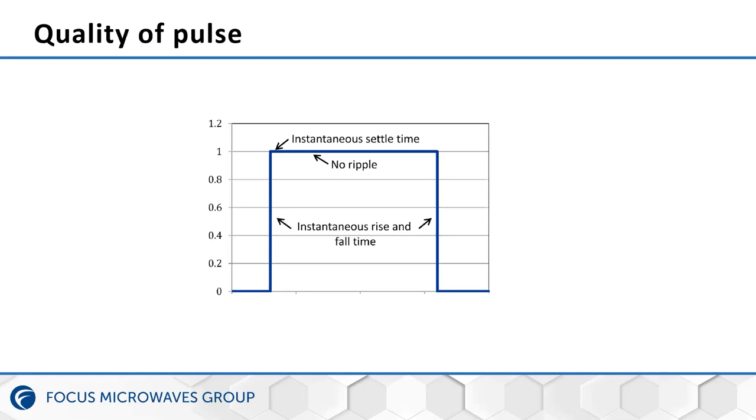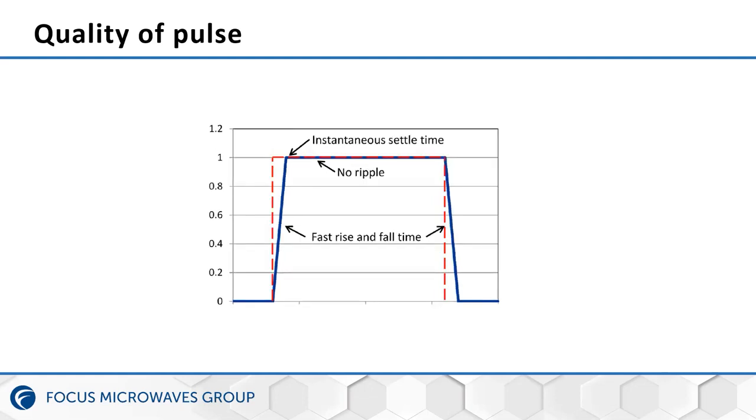But in reality, that does not happen. There is always a rise and a fall time associated with the pulse. This rise and fall time is basically how long the pulse takes to reach its maximum value. A good pulsar is designed to minimize these rise and fall times.